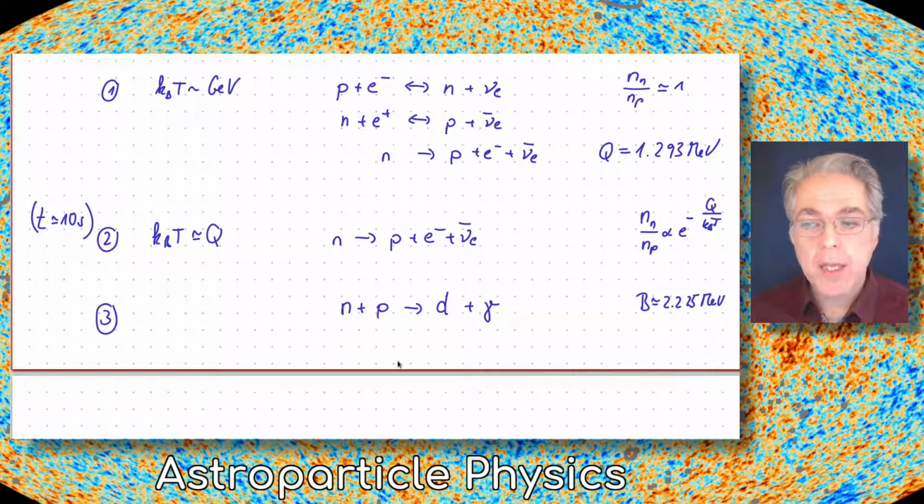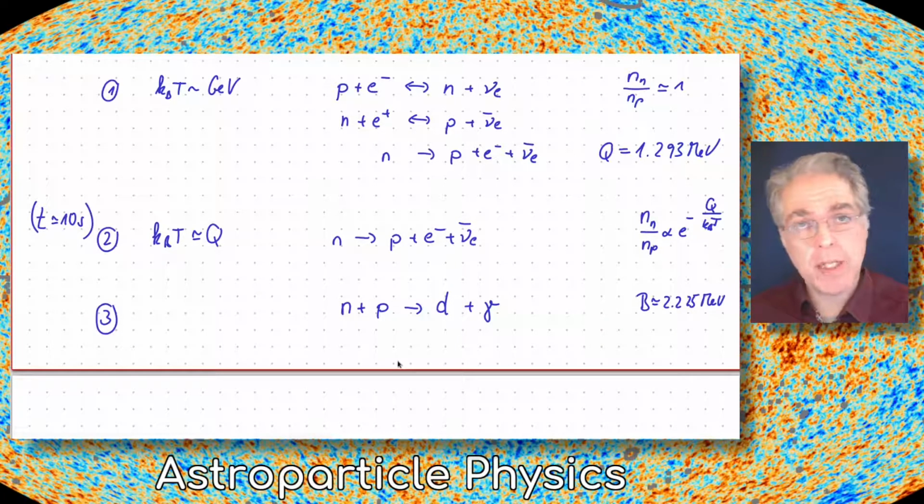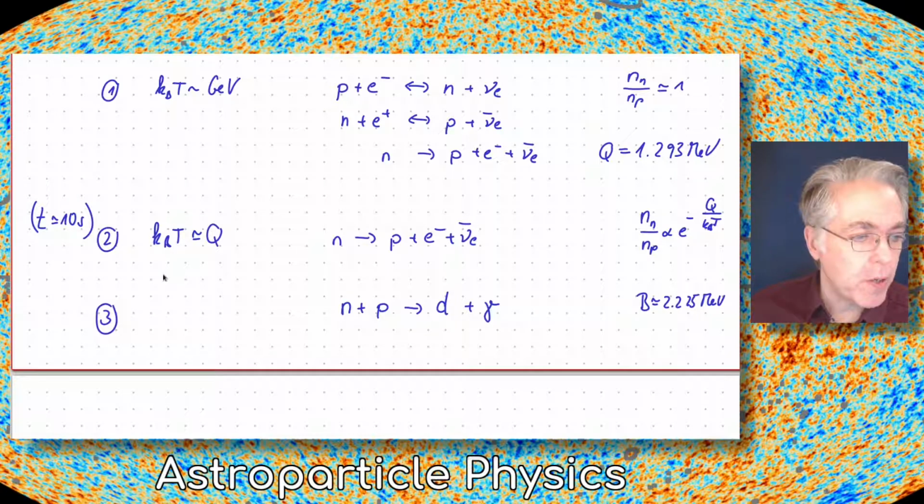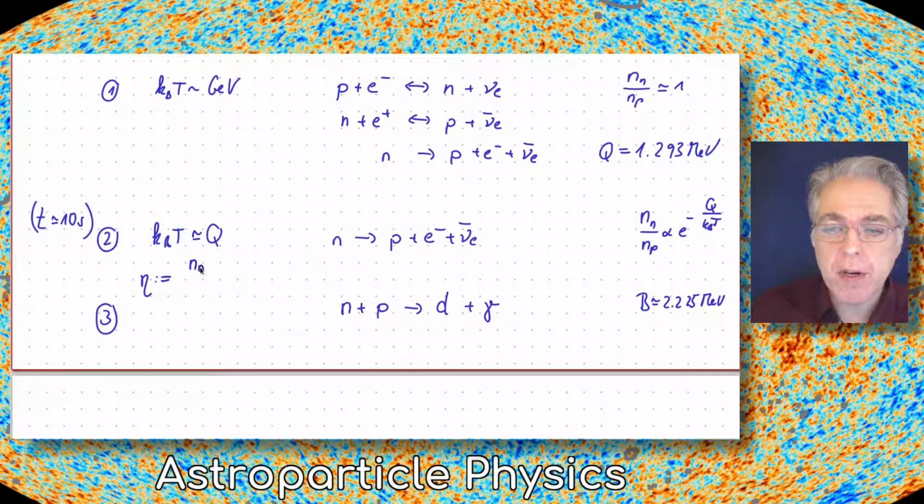However, the photon number density is so much larger than the baryon number density, that is the number density of protons and neutrons summed up, because these are the only baryons present at the time. This fraction we call eta, defined as the number density of baryons over the number density of photons.